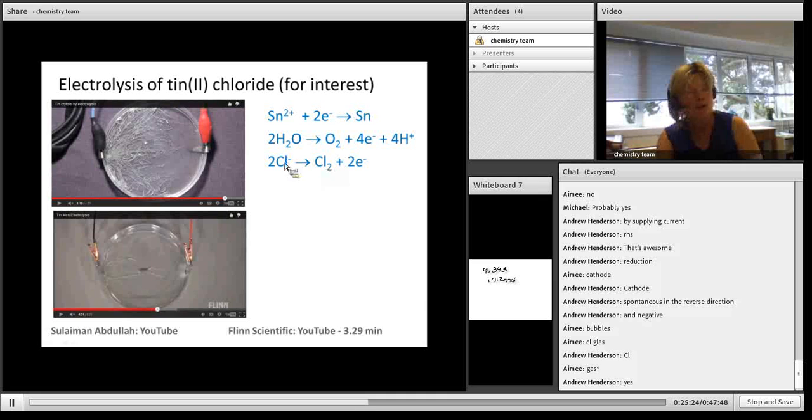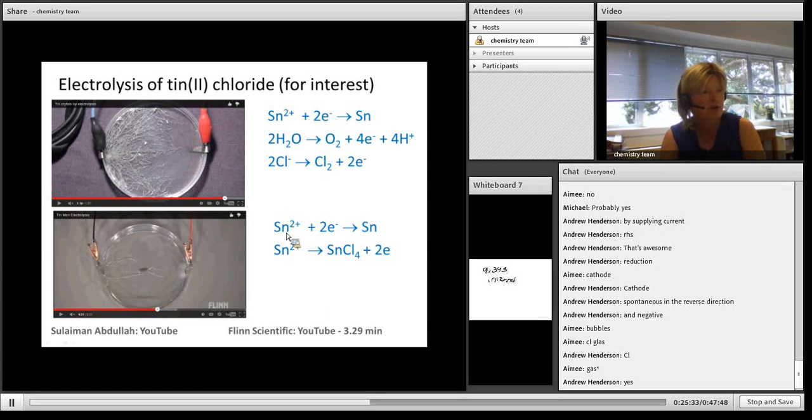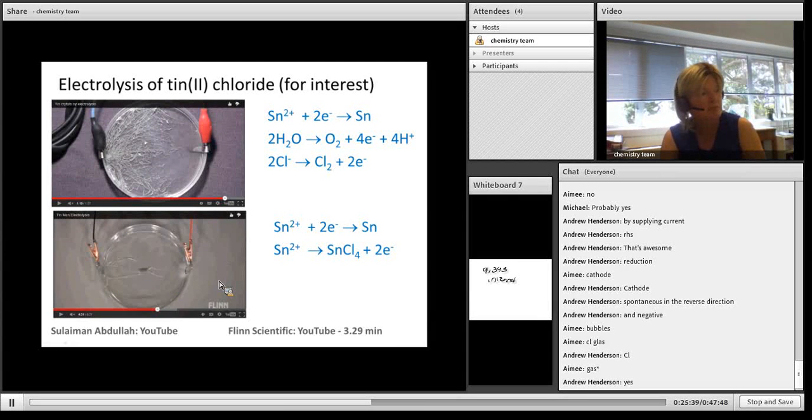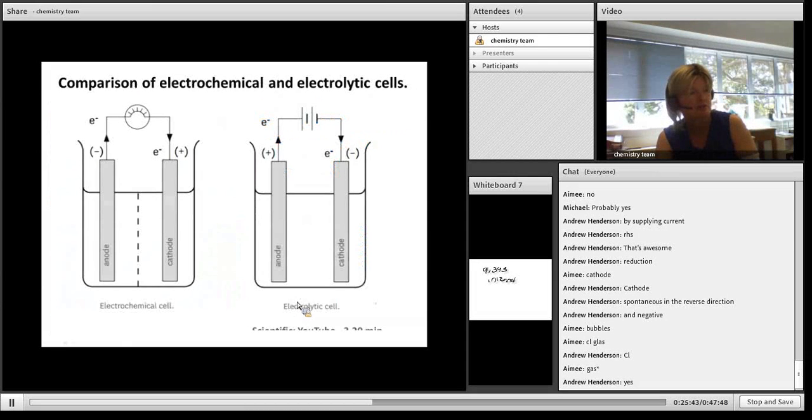So you could have a mixture of oxygen coming off here or chlorine gas, depending on the concentration. What we've got over here is the tin being formed. So we've got the same reaction at the cathode, but because the concentration is a bit different, that should have gone back up again, sorry.